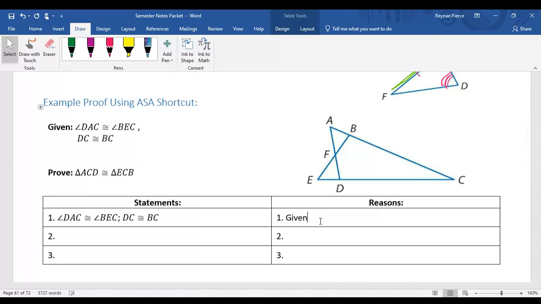Now, if I mark those, angle DAC is up here. There we go. DAC. Angle BEC is this angle down here. Okay. Those are congruent. Now DC, this segment is congruent to DC.